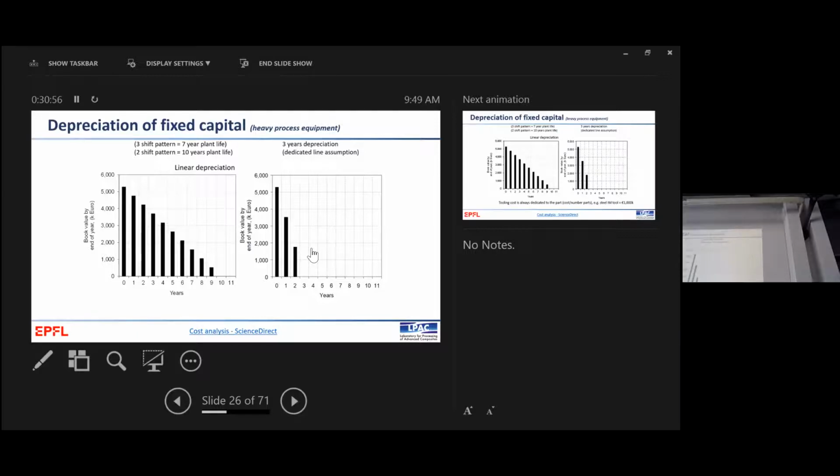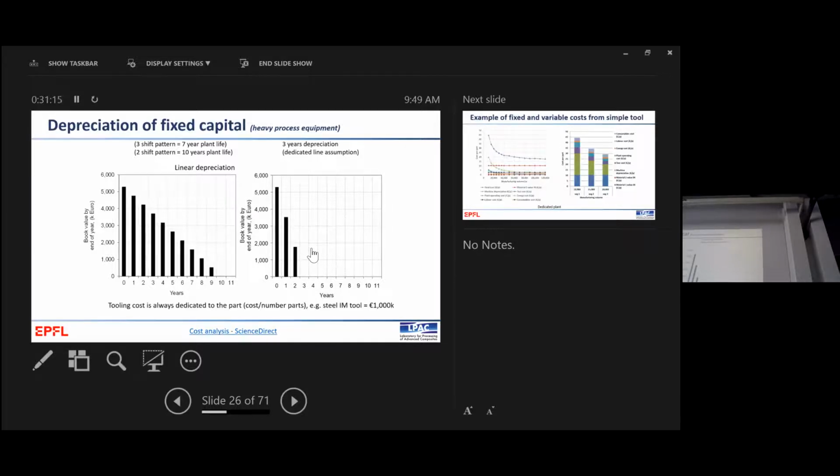If you have a new technology and you don't have another project to run on the line, you have to amortize it only over the time you're making parts for, because afterwards, it's not earning money anymore. So we have to depreciate the assets. Tooling is always dedicated to parts because it's a shape-specific tool, unless the tool is flexible in some way, of course.